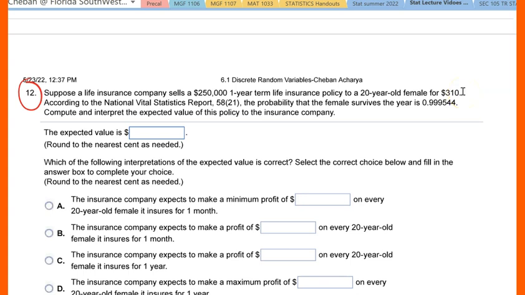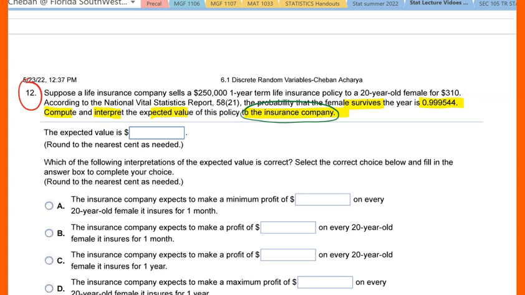Remember that this $310 is the premium for a year. According to the National Bureau of Statistics, the probability that the female survives this year is given. Compute and interpret. There are two questions: the expected value of this policy to the insurance company.